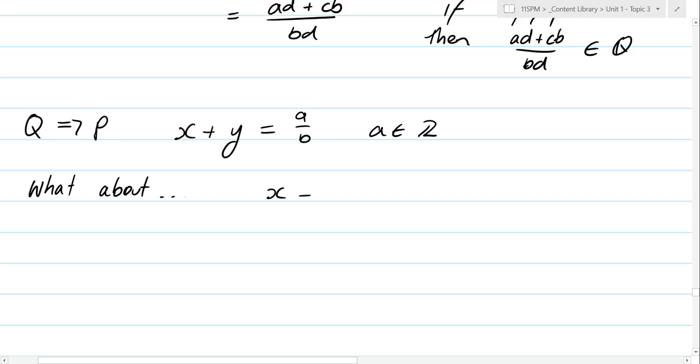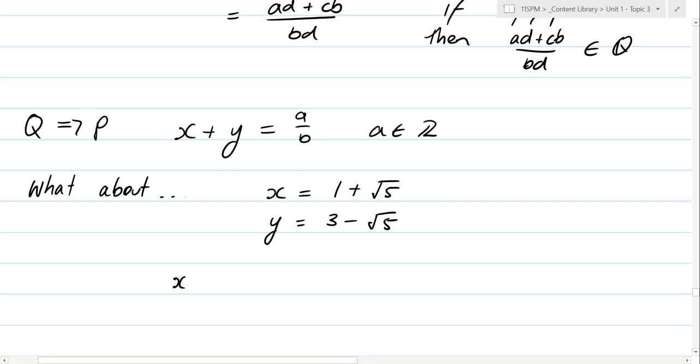What about this? What if x was equal to 1 plus root 5 and y was equal to 3 minus root 5? What happens then? What happens when you add those two together? It'll just be 4.